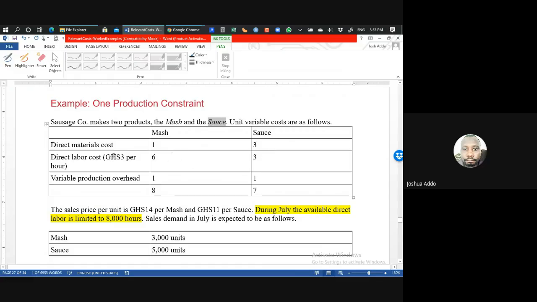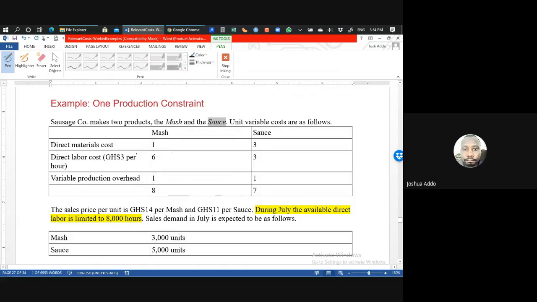But we have information on the rate per hour. So it was rate per hour multiplied by the number of hours that gave us 6. It means we can use this 3 and 6 to compute the hours required for the production of mash. 3 cedis is paid for every hour that labor works.